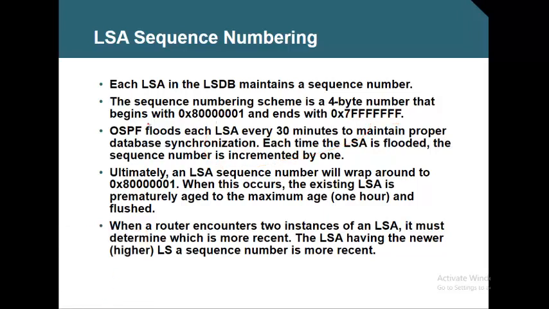Listen. It starts from where? 8, right? And these are all 0. And when this all becomes F, what is this supposed to become? 9, 0, 0, 0. But if it goes 9, then it cannot fit into 4 bytes. So you need to come back to this number 8.